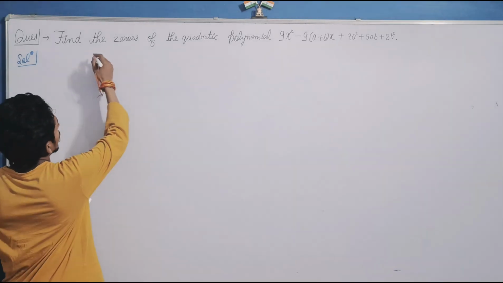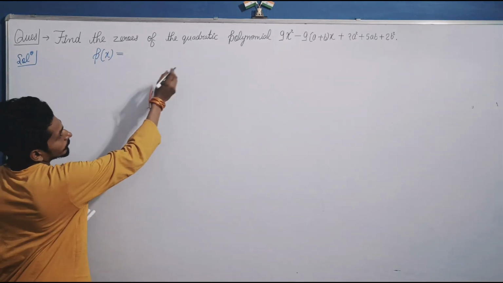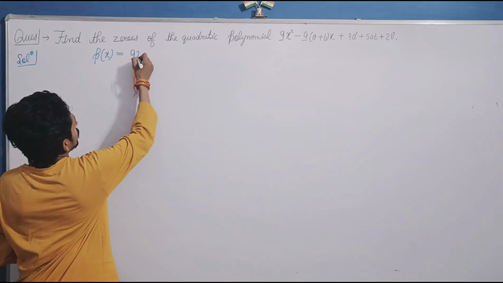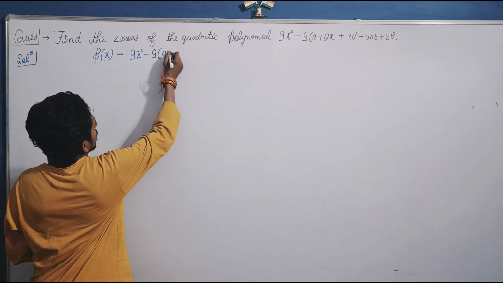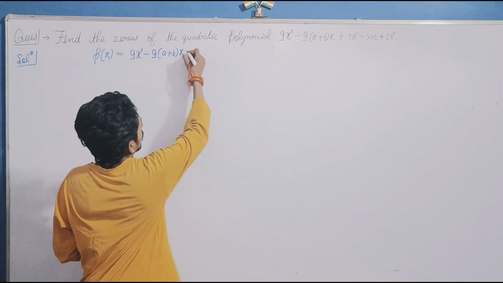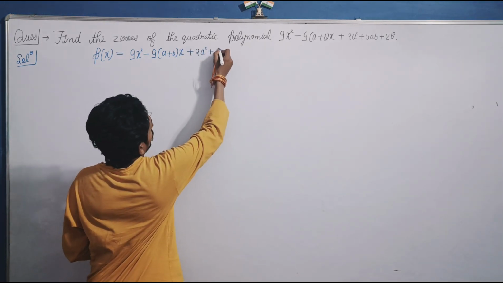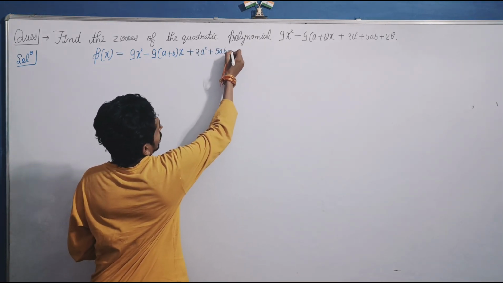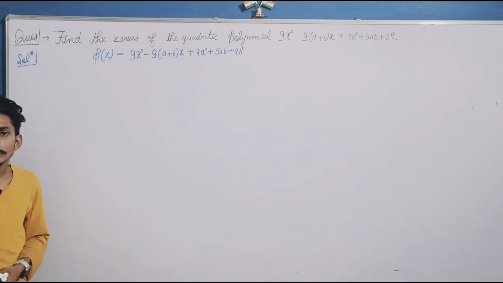first of all, we write our polynomial p(x) equals 9x square minus 9 into (a plus b) into x plus 2a square plus 5ab plus 2b square. Yes or no?